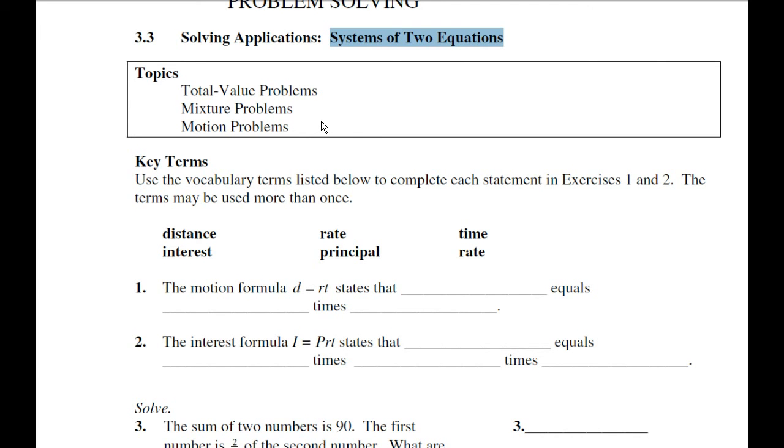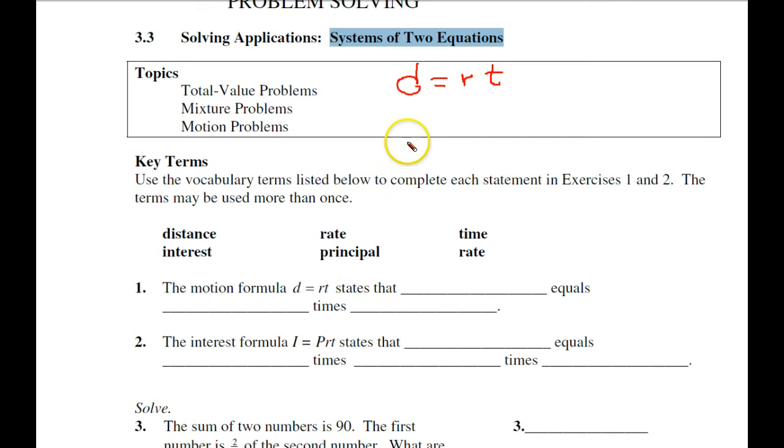One of the first kinds of problems we work with will be distance problems, in which we use the formula distance equals rate times time. We'll be getting to that here shortly.